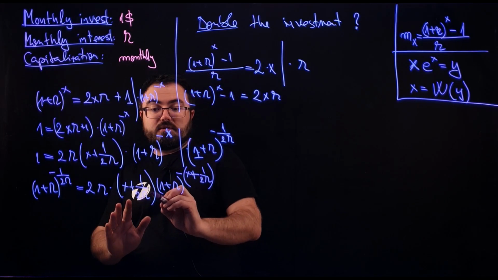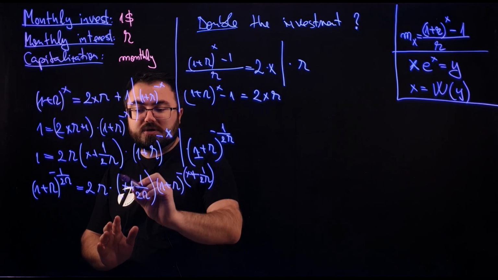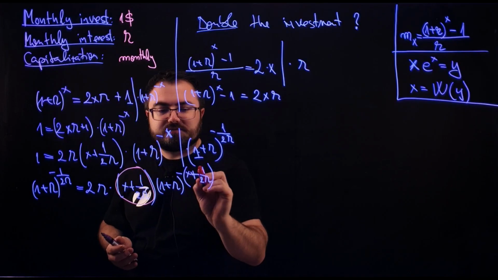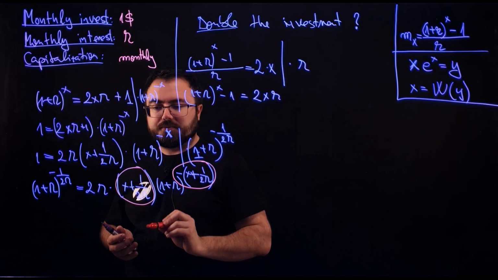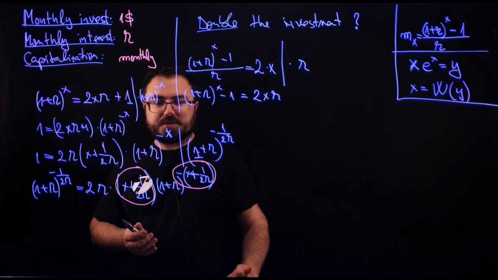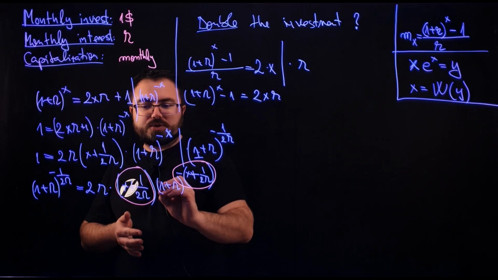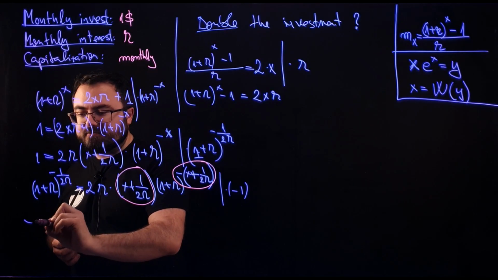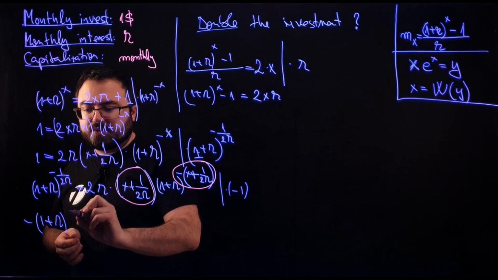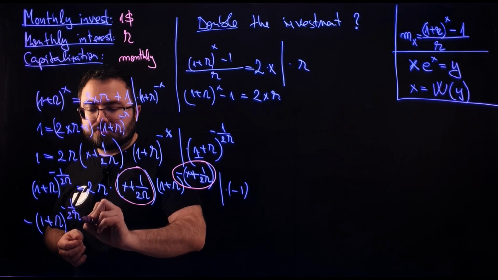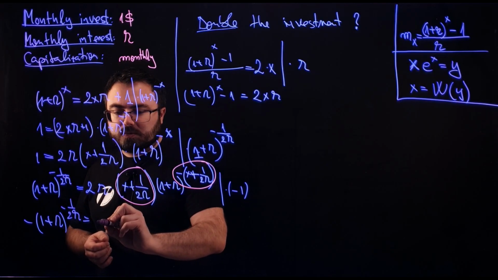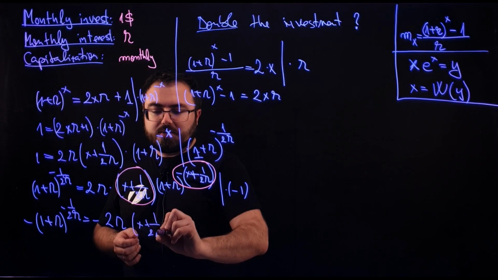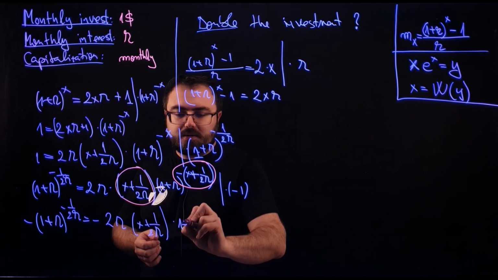You can see now fairly easily that this part is very similar to the Lambert form. The exception is that we don't have a minus, so we can easily multiply by -1, and then we have -(1 + R)^(-1/(2R)) equals -2R (x + 1/(2R)) (1 + R)^(-(x + 1/(2R))).